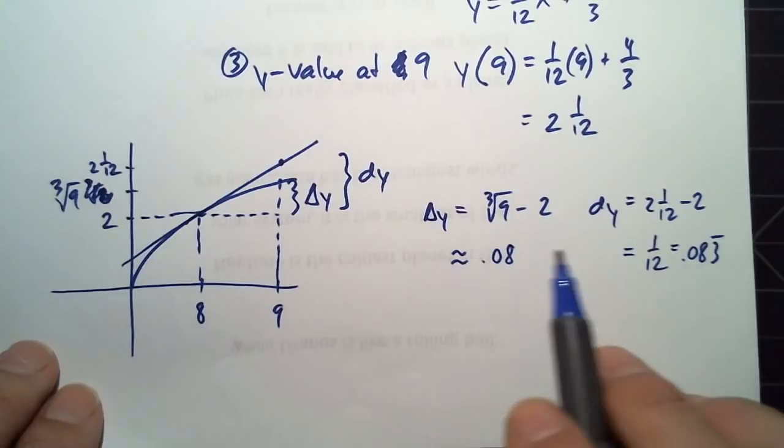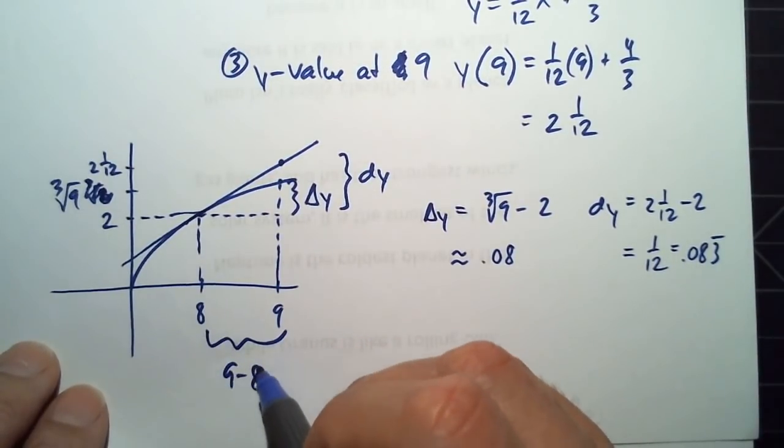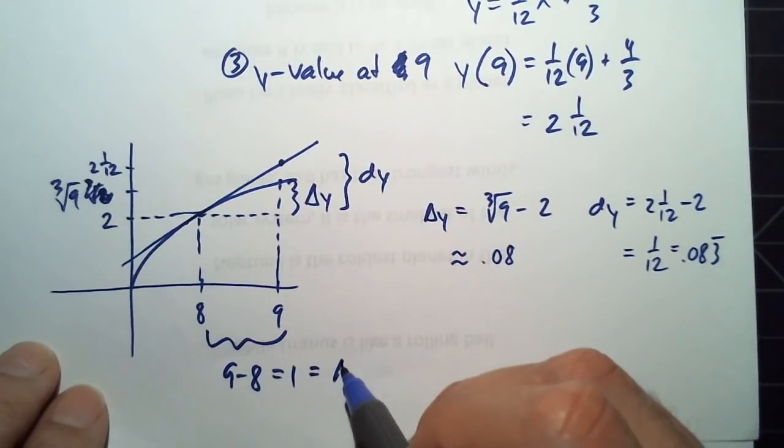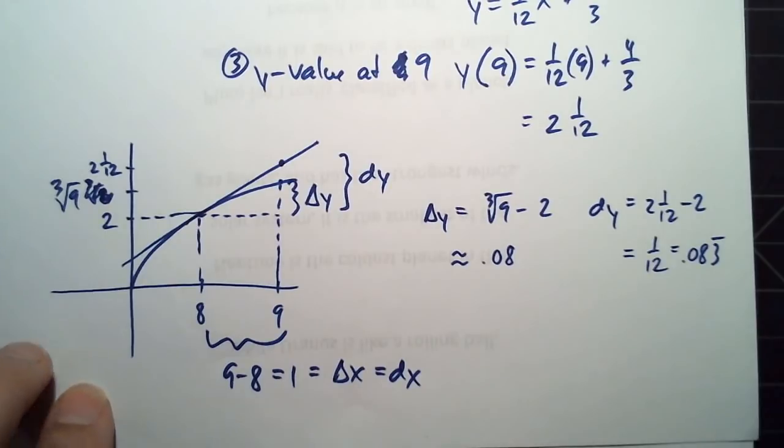So these are the ones that require a little work, because over here we just go 9 minus 8 equals 1, and that's delta x, and that's also the differential of x. And we'll stop there.